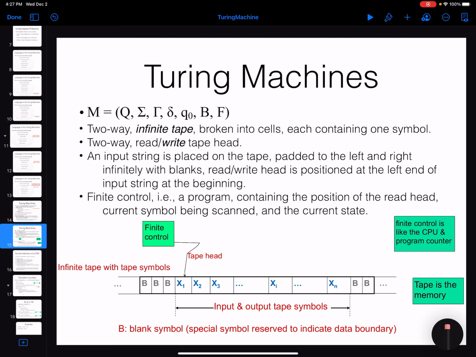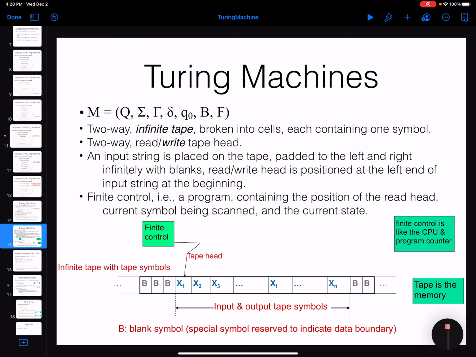We don't have the stack as a separate memory, but the memory over the tape is infinite, and you can read and write on it. So it has more power than just a stack. With a stack you can only push to the top or pop from the top. It is definitely more restricted than a tape that you can move over to the left and right wherever you want, and read and write to.